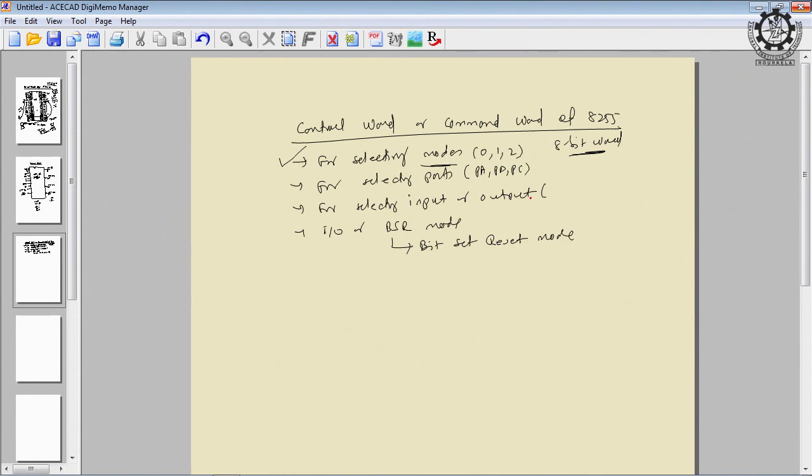For example, if you want to use port A as the input port, what configuration should be there? What bit field position should you give in the control word, so that port A can be configured as the input port? Input port means the data will be input, data will be read via 8255 and passed on to 8085 or 8086, right.